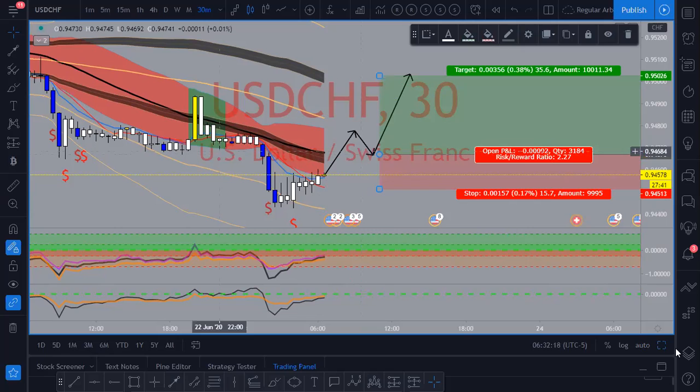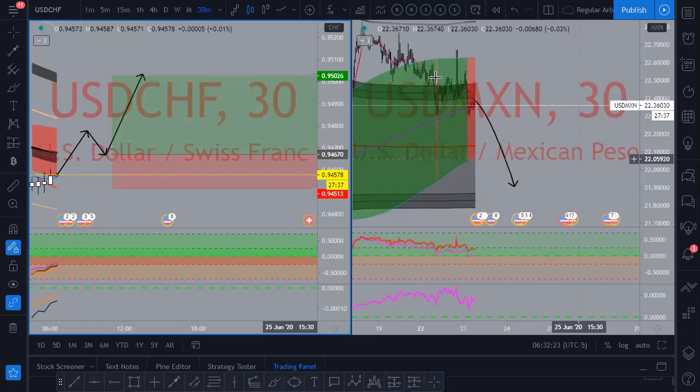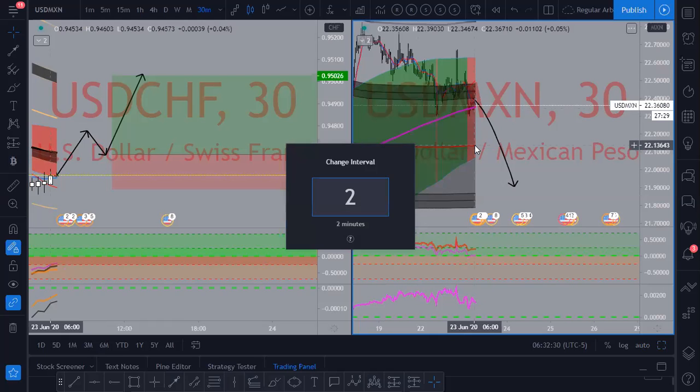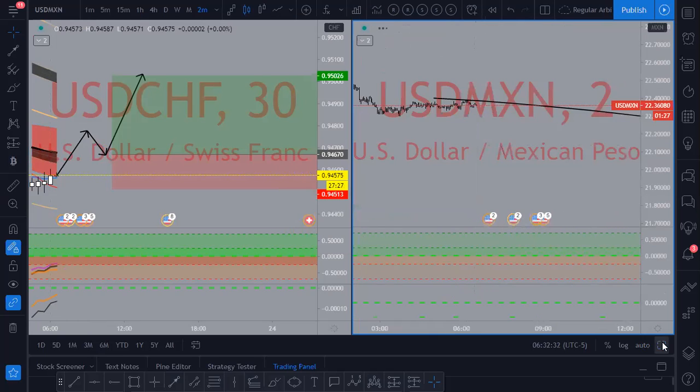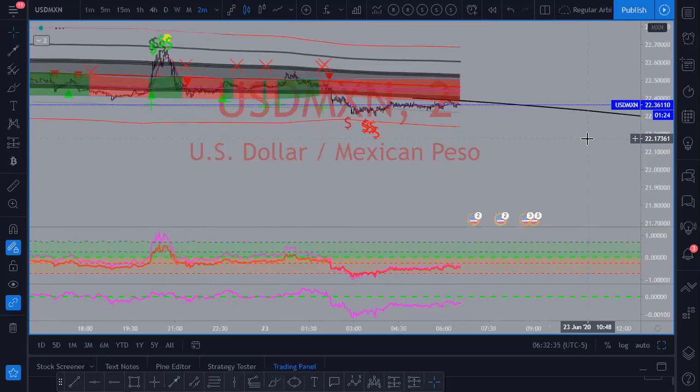Let me go on here real quick. I think the 30-minute, if I'm not mistaken, is the 2-minute time frame on here, which is funny. USDCHF.